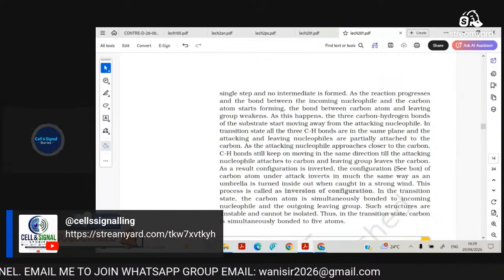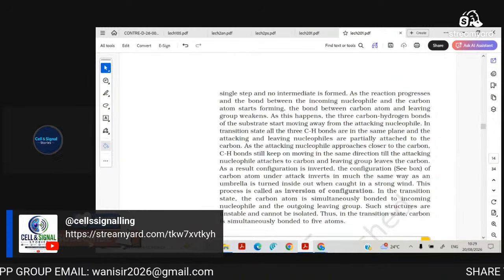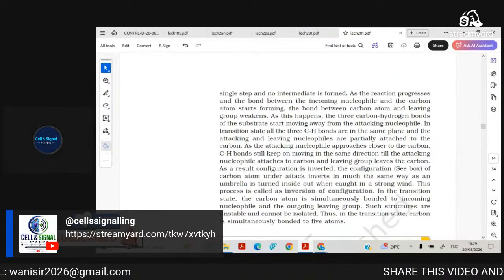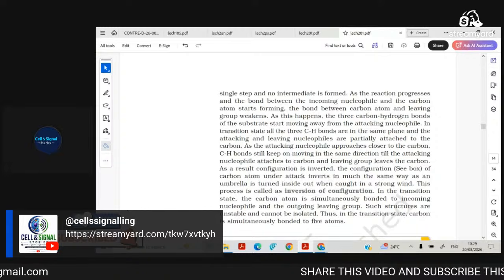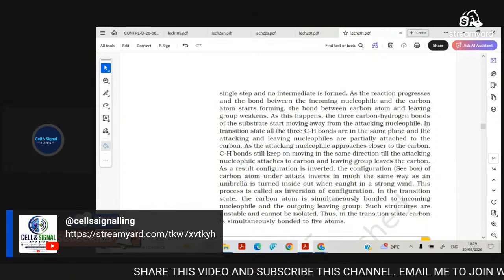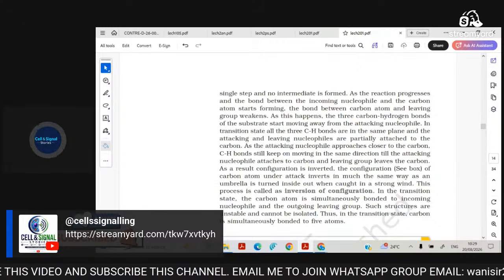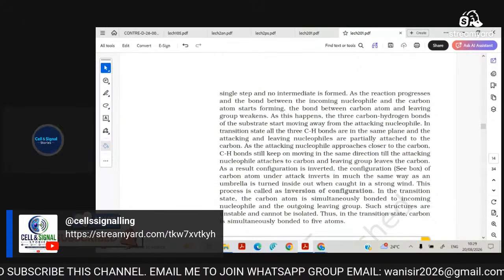Now this is a very important point. What is being said here? There is a movement of the CH bonds until the nucleophile comes and the other nucleophile leaves, and the configuration is inverted. That means this is an inversion reaction.